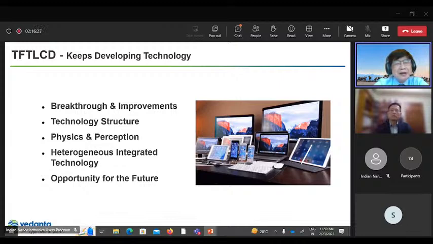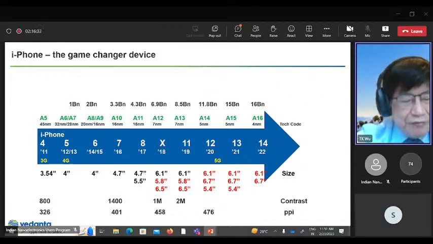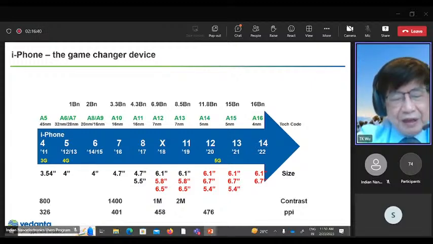As everybody knows, the iPhone from 2007 has changed the way of living for human beings. Advanced silicon inside and outstanding display outside.